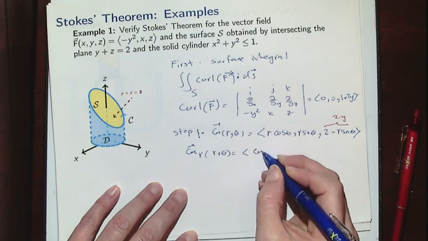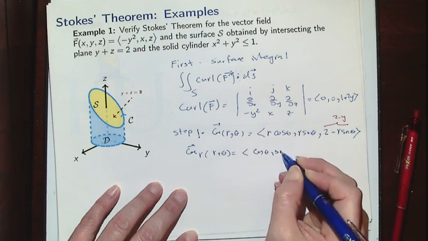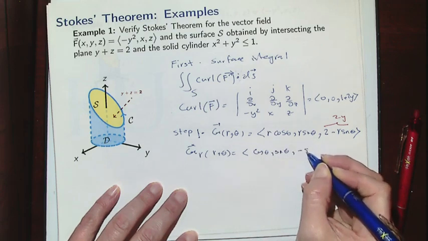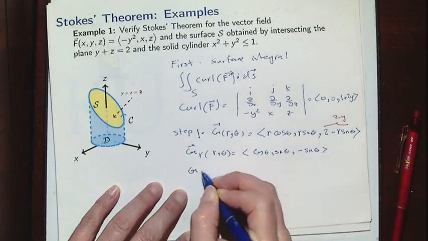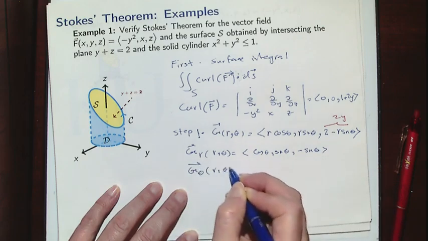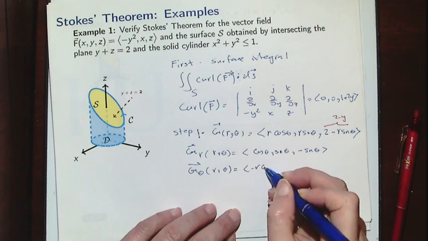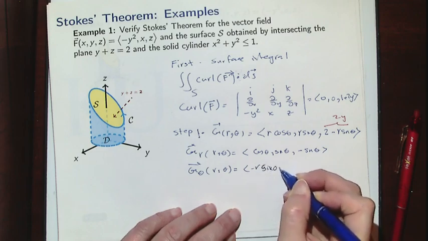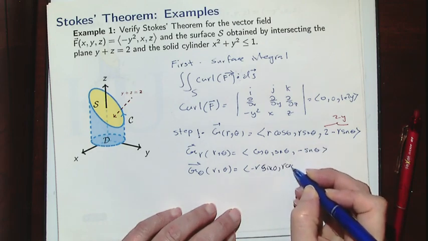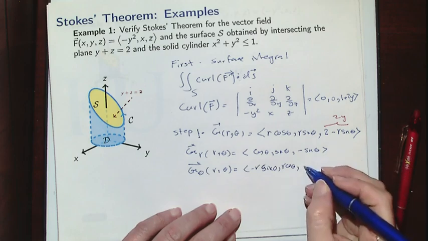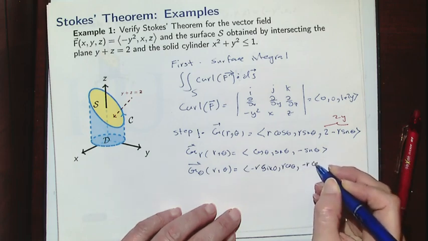Now I can do g sub r, which is cosine theta, sine theta, negative sine theta, g sub theta, which is negative r sine theta, r cosine theta, and minus r cosine theta.